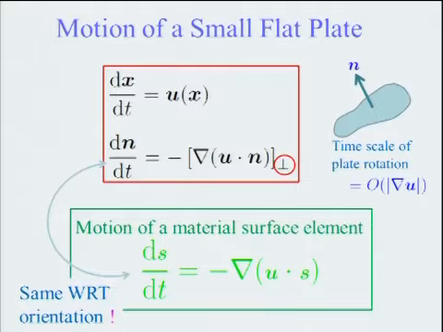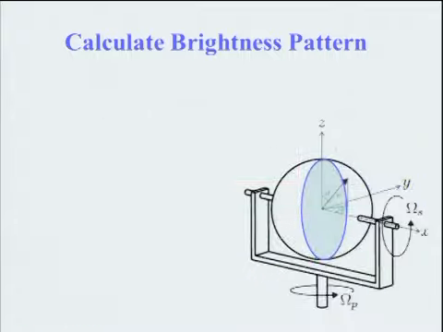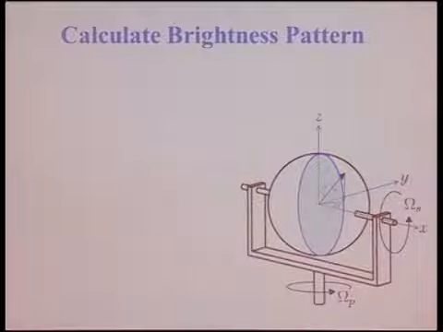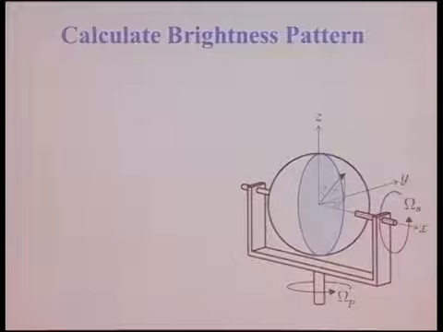This is what I showed before, the equation of motion. The equation of motion is also simpler than the others. And we focus only on this part, on this circle, at some time instant after 100 turns.